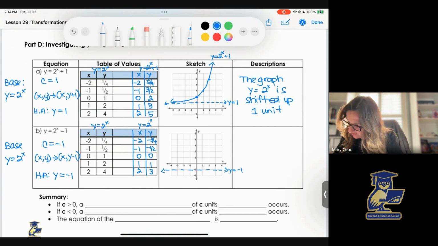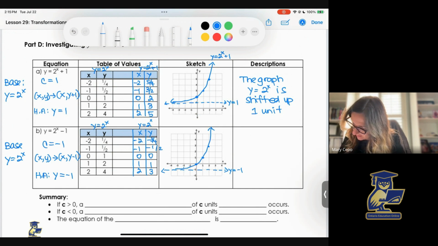So at -2, we're at -3/4, which is about right here. At -1, we're at -1/2. At 0, we're at 0. At 1, we're at 1. And at 2, we are at 3.